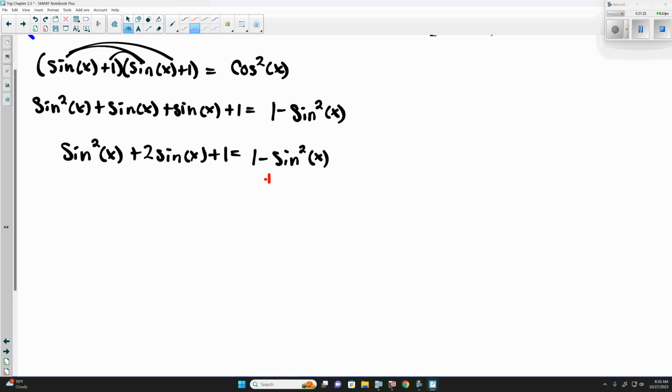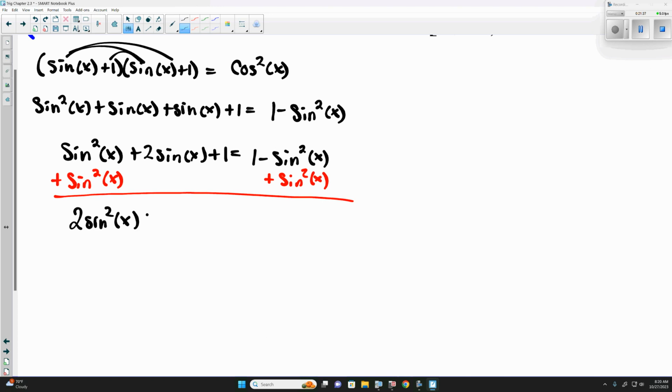So, first thing we can do is add sine squared of x to both sides, which will tell us that we have 2 sine squared of x plus 2 sine of x plus 1 is equal to 1.